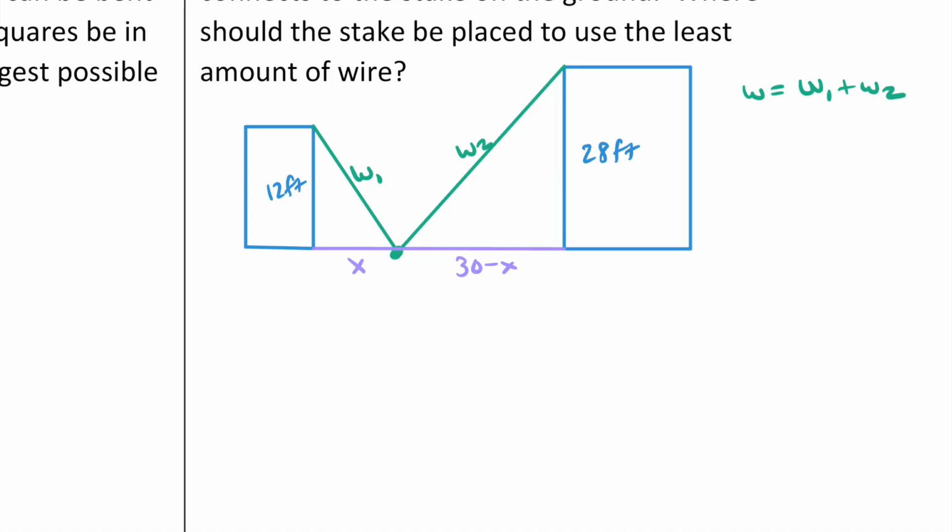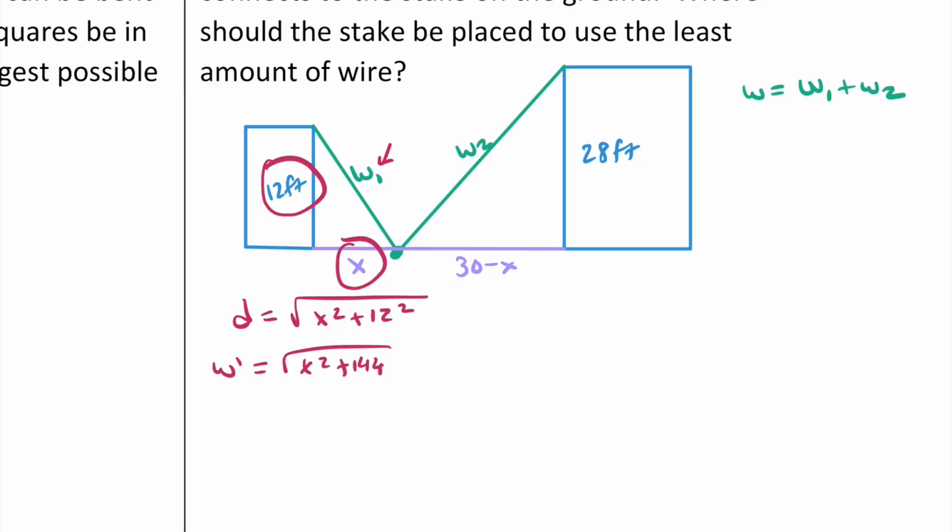So our distance formula for the first one is the square root of x squared plus 12 squared. So I'll say that wire 1 equals the square root of x squared plus 144. That's to find this y1. So I just did leg squared plus leg squared equals hypotenuse squared.